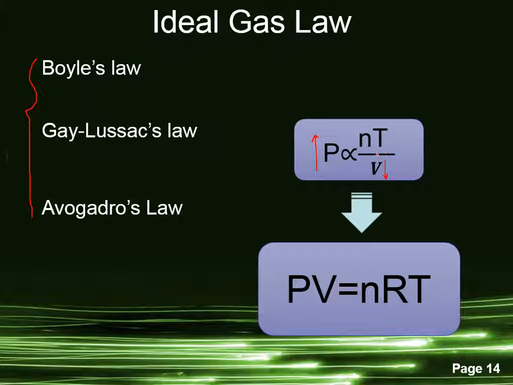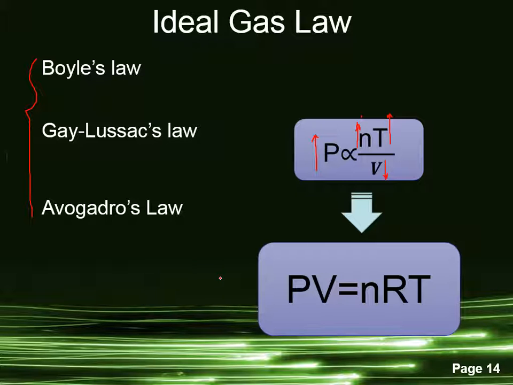That means as the temperature increases, the pressure will increase too. And then we also showed that increasing the number of moles of gas would increase the pressure. That means once we have more moles of gas and higher temperature and less volume, we have more collisions and the result is more pressure.